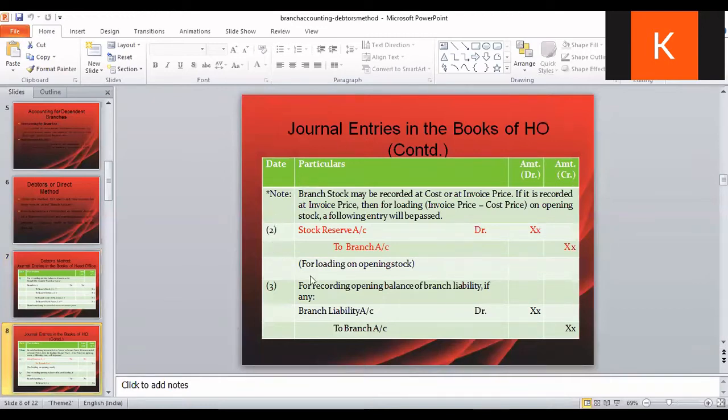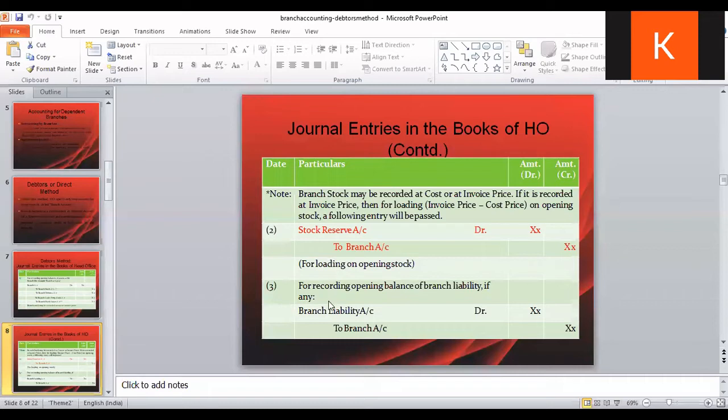If goods are sent at invoice price, then that loading, that profit part, we have to adjust through this entry. So for the time being, we'll ignore these entries in red color when we take the problem. We'll first study this entry and then we'll start.